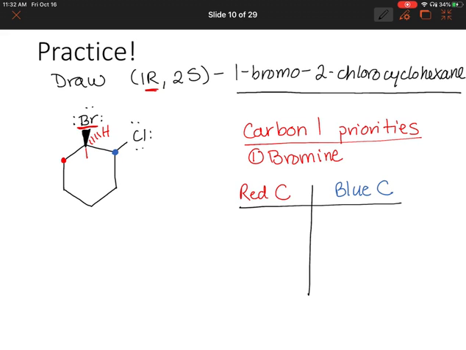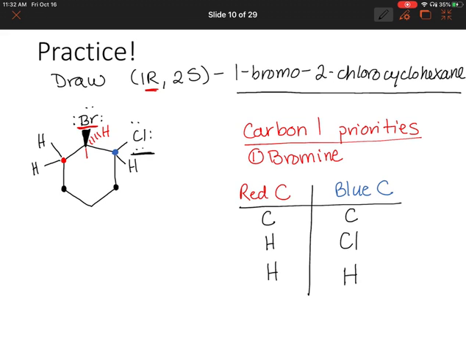So looking at the red carbon, that's bonded to a carbon down below, and then it's also bonded to two hydrogens. All right, so we have a carbon, a hydrogen, and a hydrogen. Now for the blue carbon, that's also bonded to another carbon. It's bonded to chlorine up here. And then there's also a hydrogen that we didn't draw because it's a bond line structure.